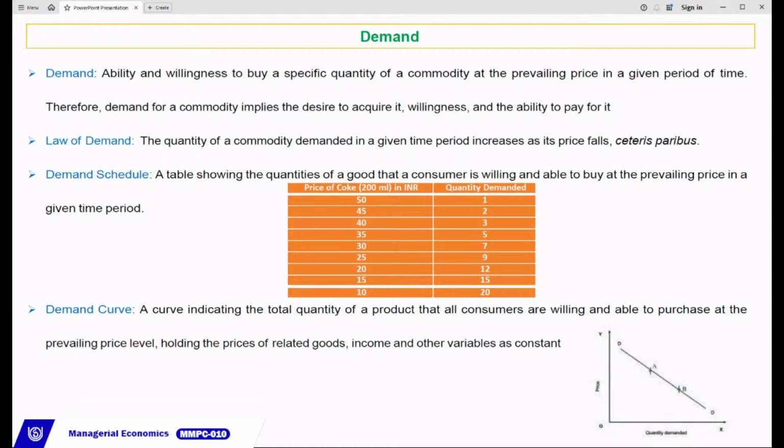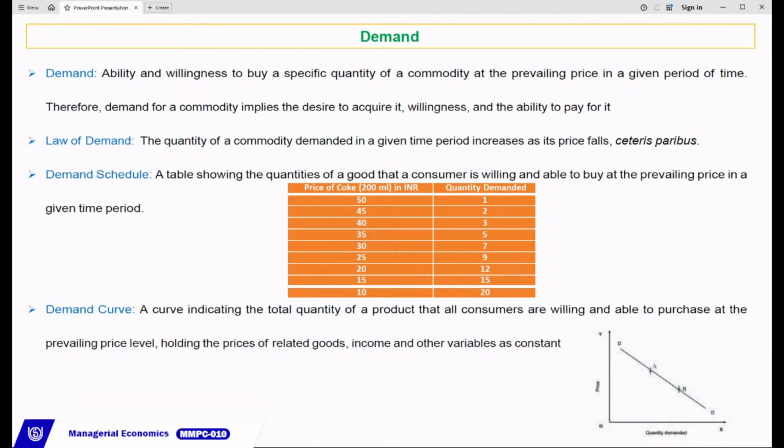It shows an inverse relationship between the price and the demand of the commodity. On the screen you can see the demand curve sloping downward from point A to B, the key points.